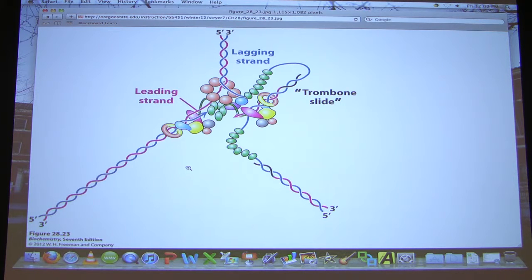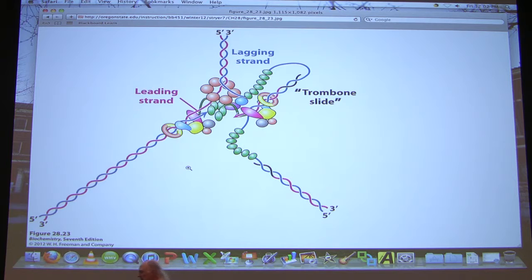The trombone model arises primarily because leading strand synthesis proceeds faster than lagging strand synthesis. The leading strand synthesis gets zipping along here, and the lagging strand synthesis, remember, has to make a primer, elongate the primer, detach, and keep remaking that primer and making new strand as it goes along.